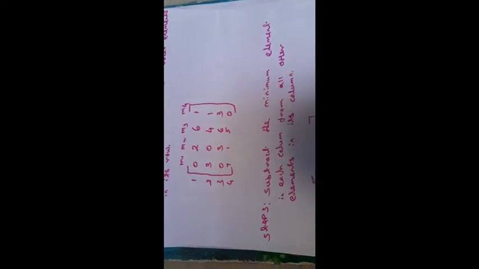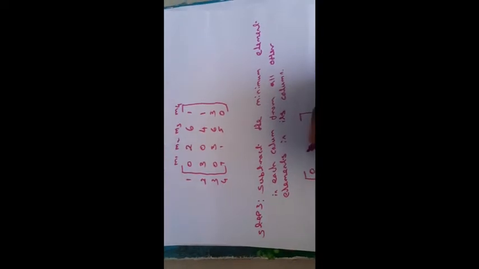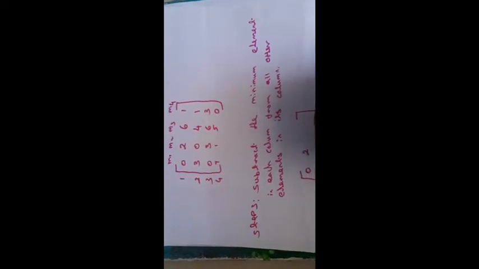So column wise we need to select the minimum value from each column and subtract it from all other elements. The first column has a minimum value 0, so the same will be the result.